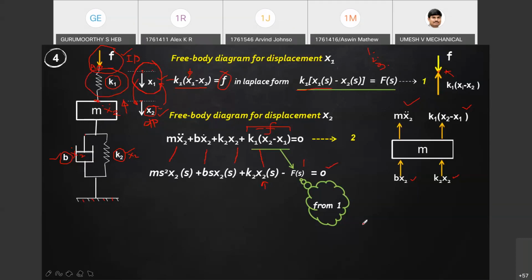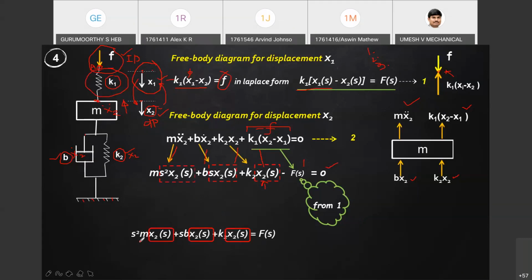Now suppose you consider F, it will become plus F of s.